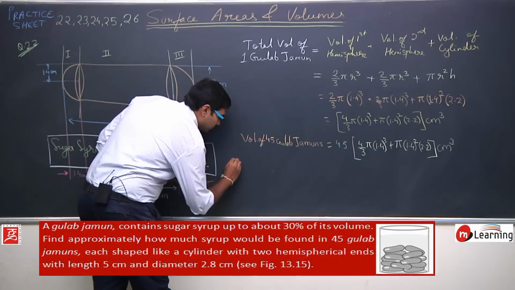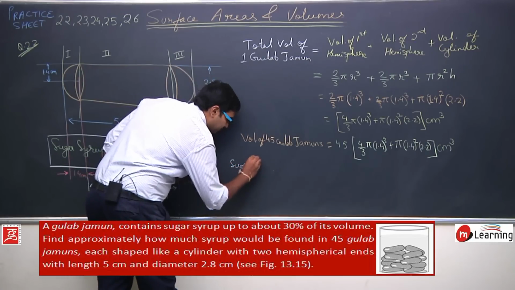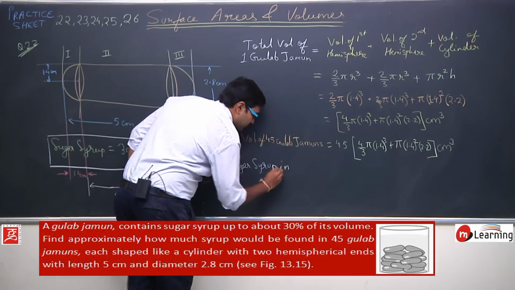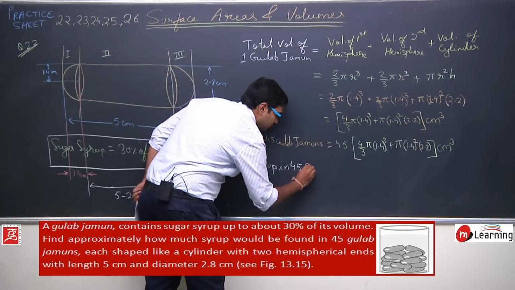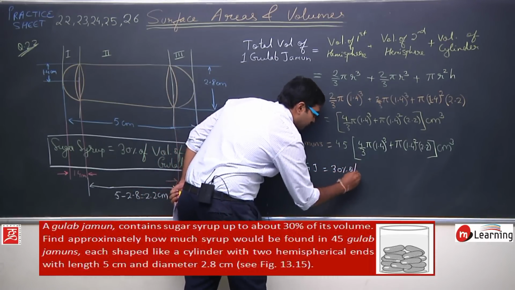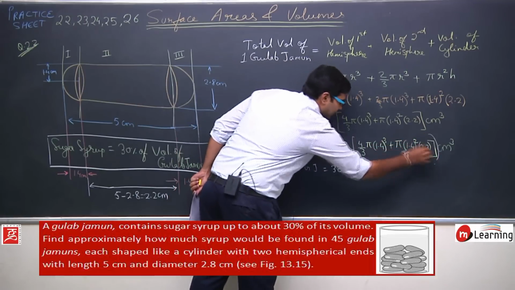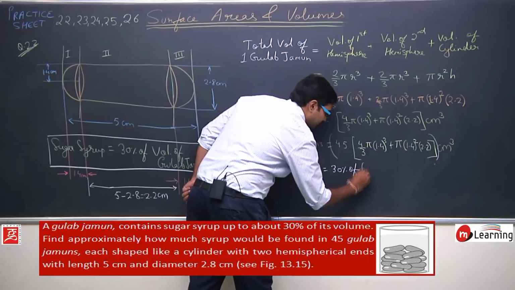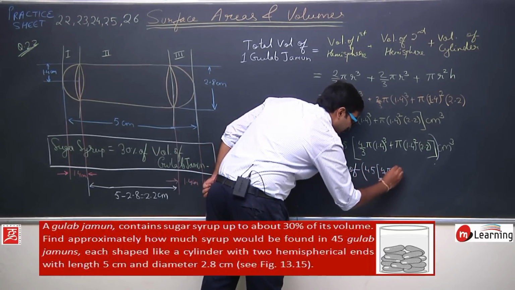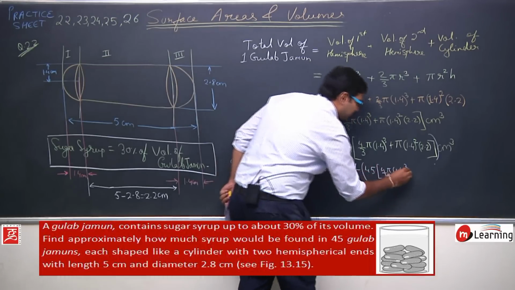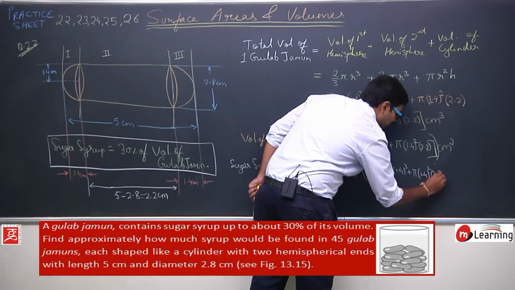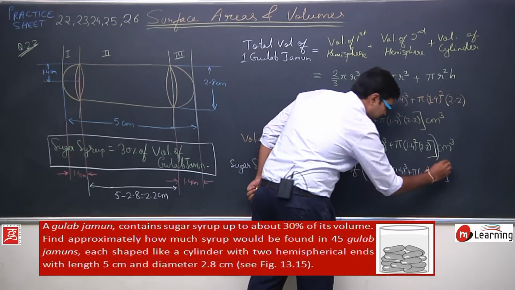So the sugar syrup in 45 gulab jamuns is equal to 30% of this value, that is 30% of 45 times the bracket 4 by 3 pi 1.4 cube plus pi times 1.4 square into 2.2.